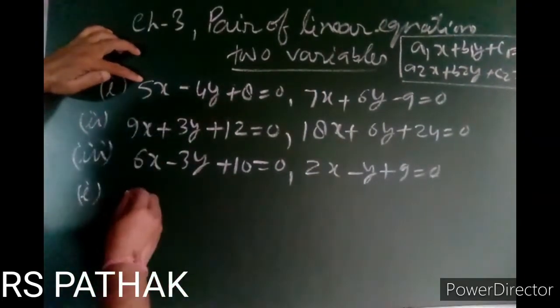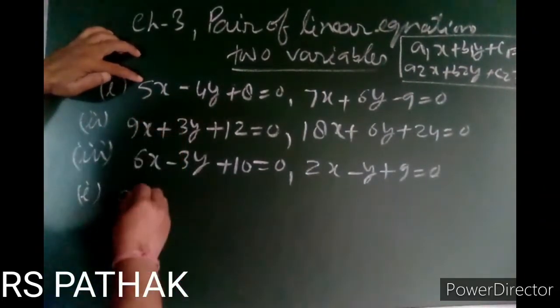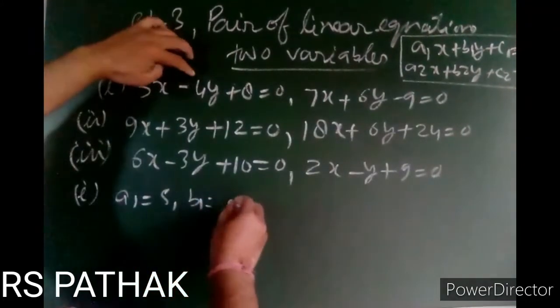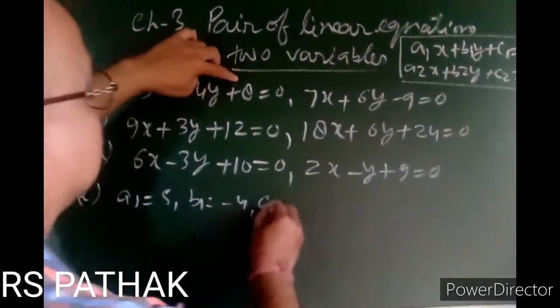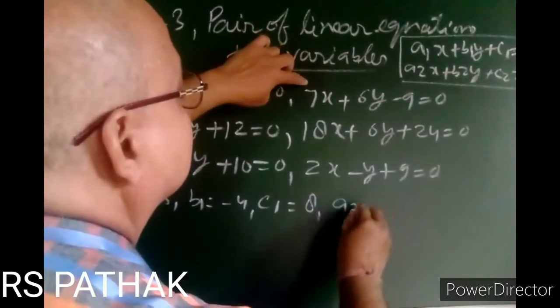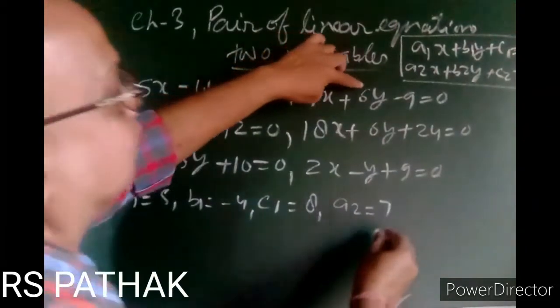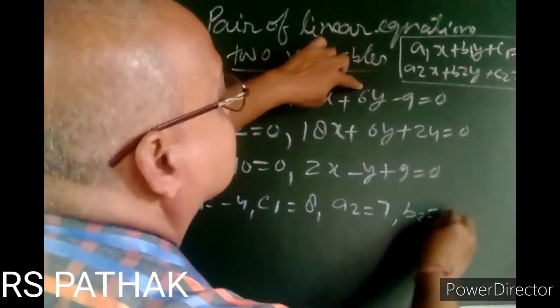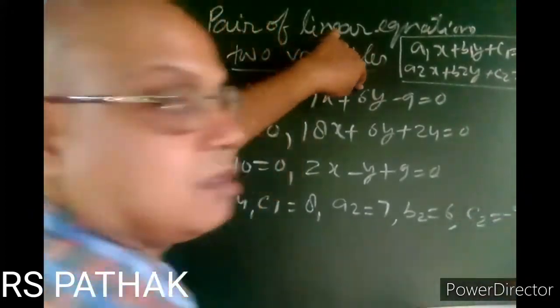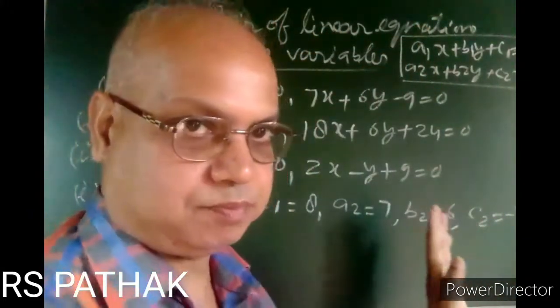Here A1 means 5, B1 means minus 4, C1 means 8, A2 means 7, B2 means 6, C2 means minus 9. Clear?